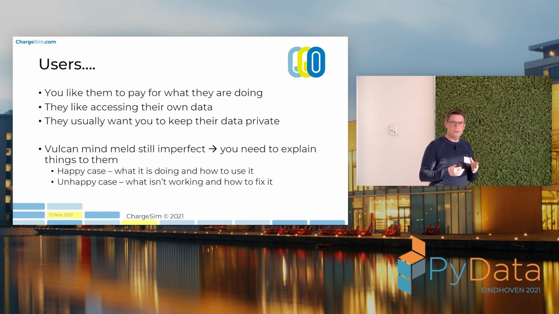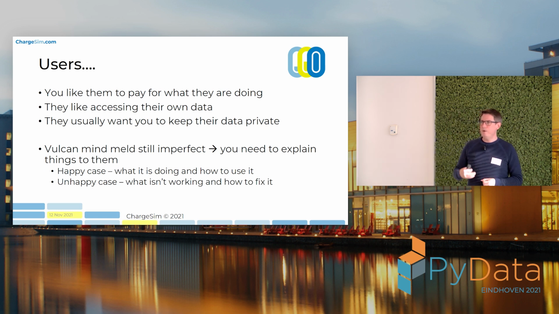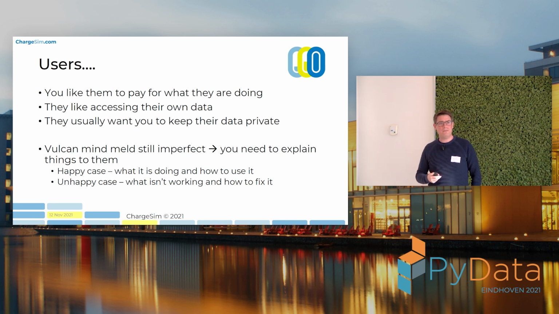Users also like it when they can access only their data, and they would rather that somebody else doesn't see their data. So this means you need to add security, logins, authentication, and authorization. We'll talk about that in a bit more depth.